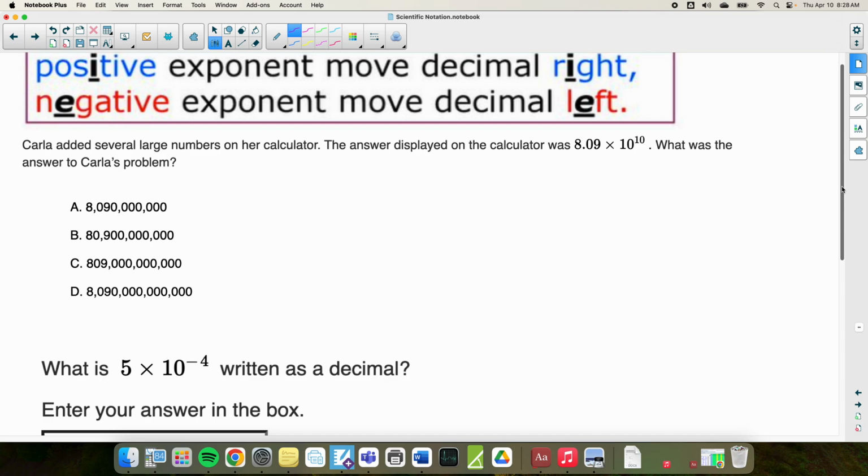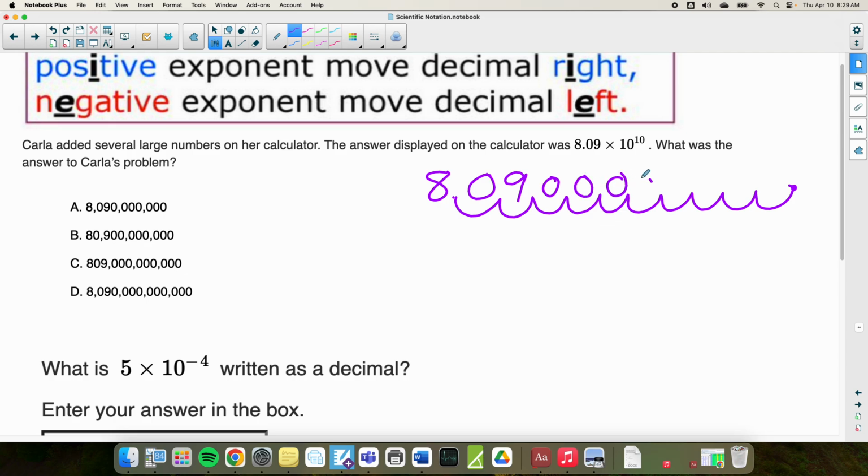Carla added several large numbers on her calculator. The answer displayed 8.09 times 10 to the 10th, okay? So if we have 8.09 times 10 to the 10th, we would just make the number bigger by adding a bunch of zeros. So I'm going to go 1, 2, 3, 4, 5, 6, 7, 8, 9, 10.